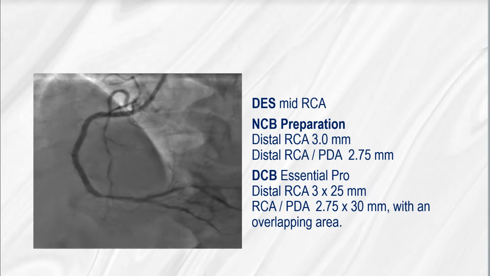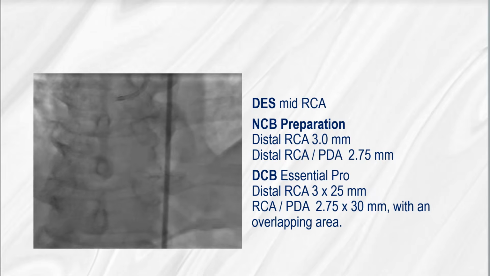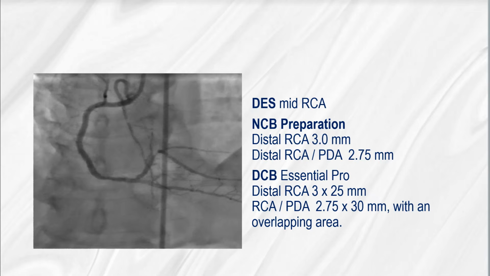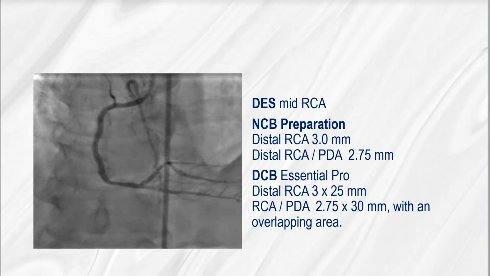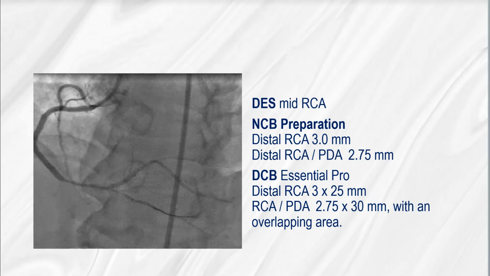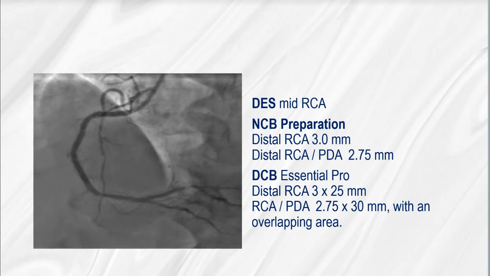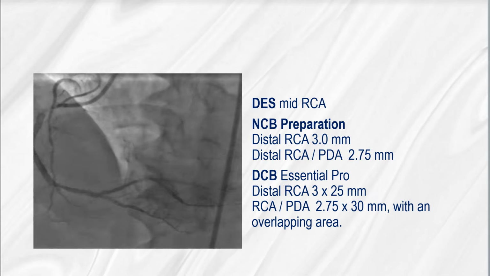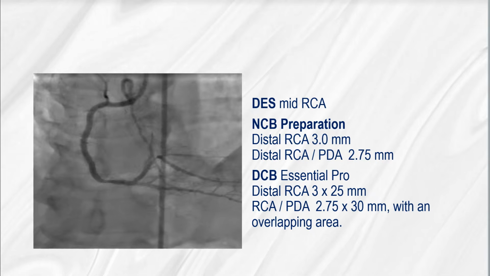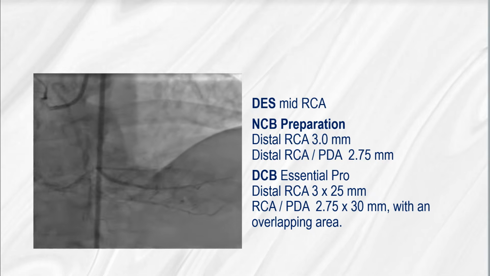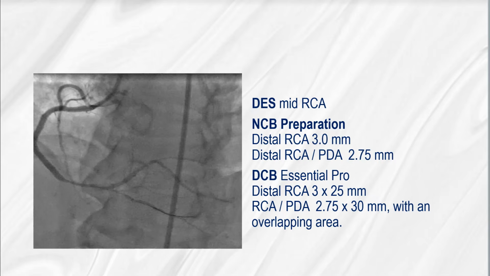After DES implantation of the mid-RCA, non-compliant balloon preparation was done with a 3 mm diameter for the distal RCA and 2.75 mm diameter for the PDA lesion, followed by drug-coated balloon dilatation, one for the distal RCA 3.25 by 25 mm and another one for the PDA 2.75 by 30 mm with an overlapping area.